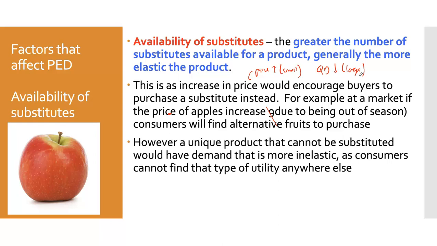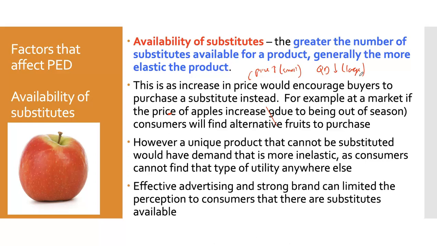However, a unique product that can't be easily substituted would be more inelastic, and they will be forced, even with large price changes, the quantity demanded will be less because you can't find the value, you can't meet that need or want anywhere else. And effective advertising and strong brands are tactics that businesses use to limit the perception to consumers that there are substitutes available.